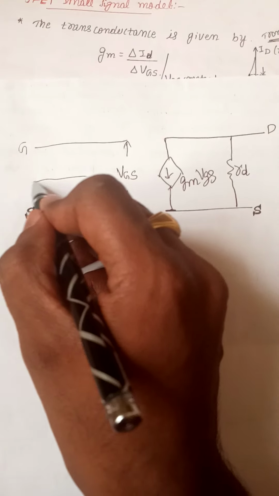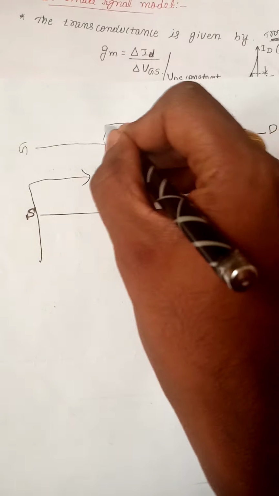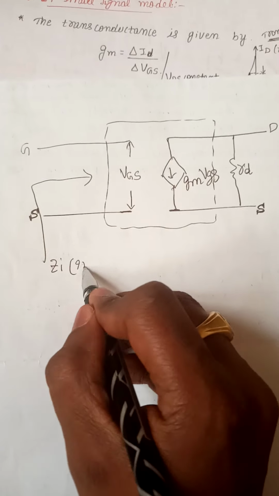So what is the input impedance for this model? This one is called the low frequency model. Zi is called input impedance, and Zo is called output impedance. The input is an open circuit, therefore Zi is high due to the open circuit.